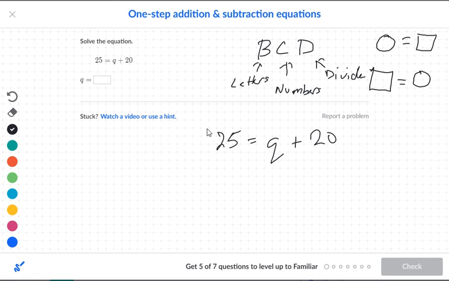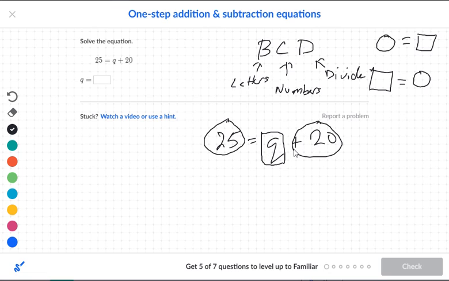I box my letters, and then I circle my numbers. So you see I got a circle here, which is fine, it's by itself, but then I have a box here, and then I have a circle here.